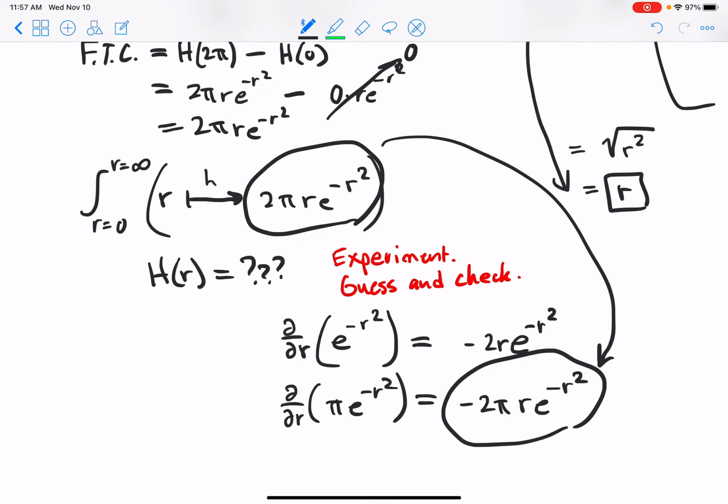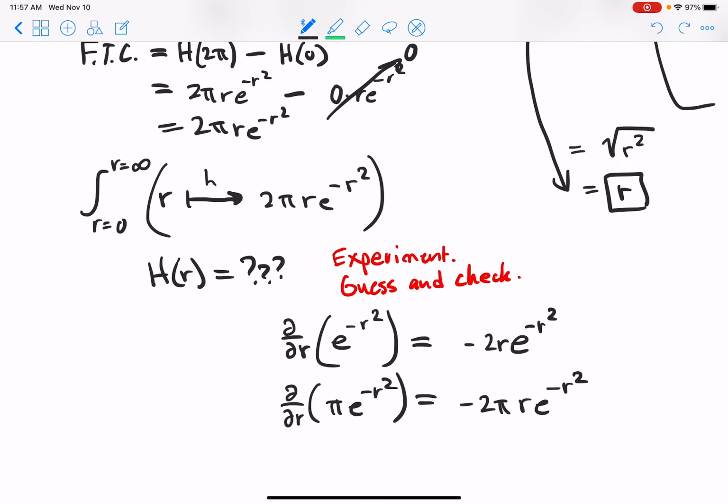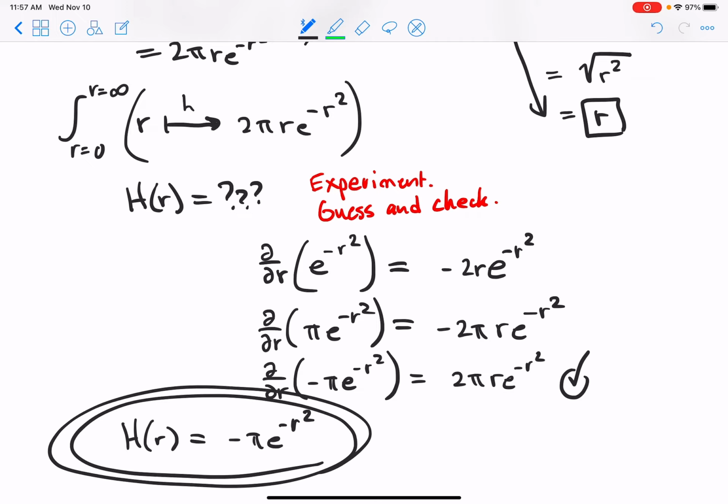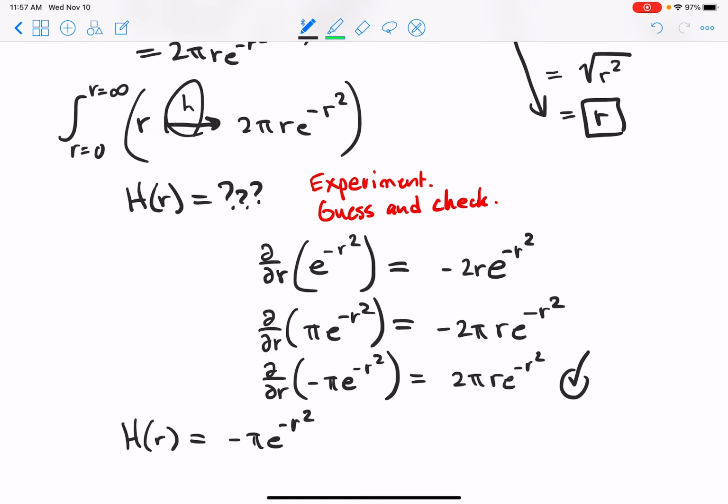They only differ by a minus sign. And so actually, the final answer will be minus pi e to the minus r squared. If this is my capital H, then its derivative is correct. And so, found it. Capital H of r should be this thing. Why? Because its derivative is the thing we are integrating. We have found the antiderivative of little h.